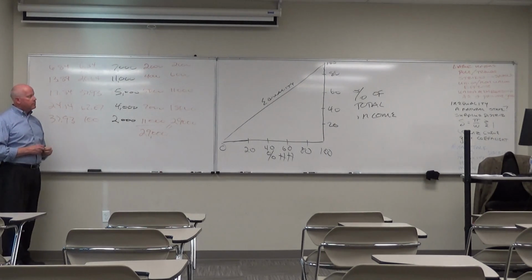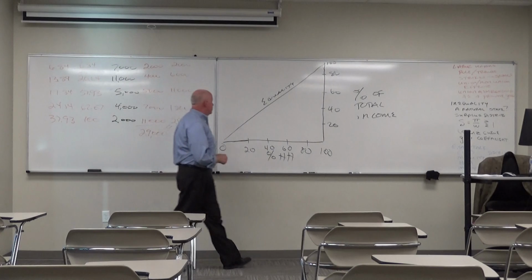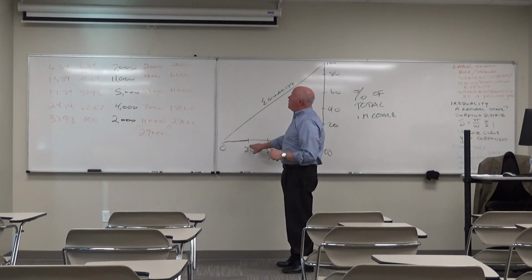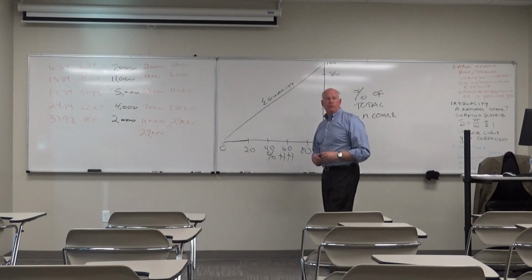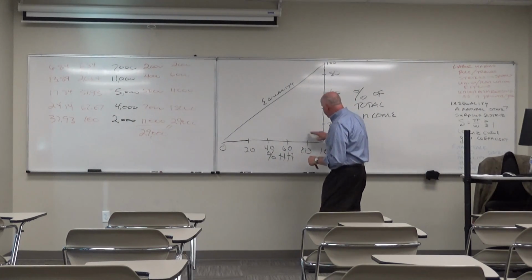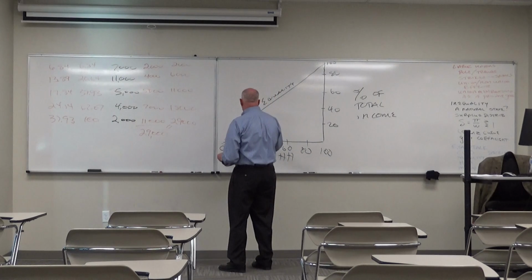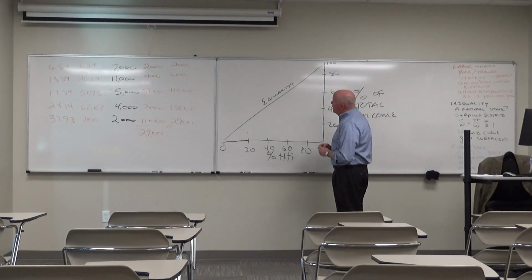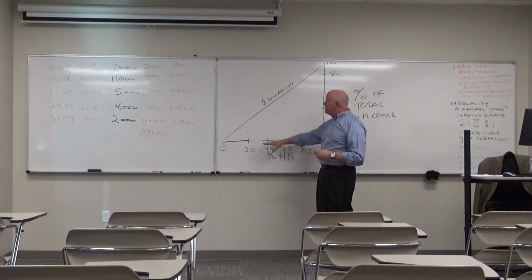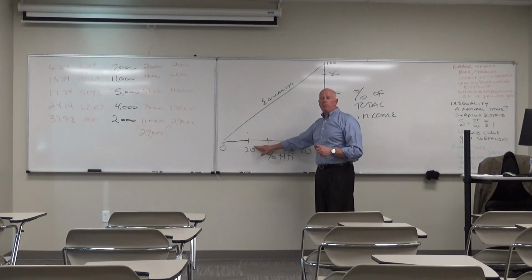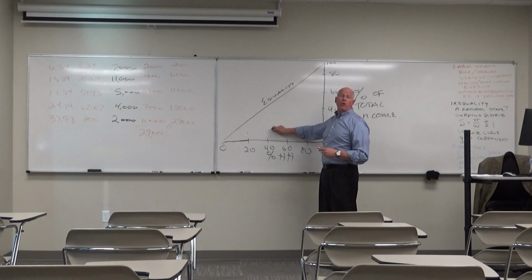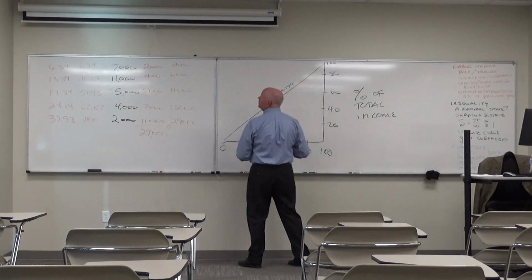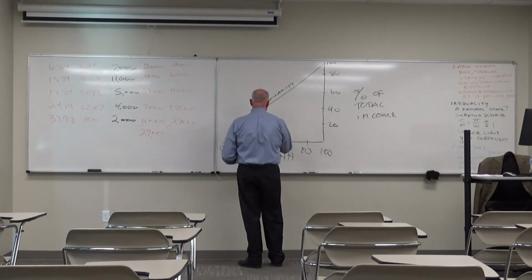Okay? So now, what do I do with them over here? Well, I see that the bottom 20% of my households has 6.84% of my income. So it's going to be right about here. And then not the next 20%, but the bottom 40% is going to have 20.64% of my income.